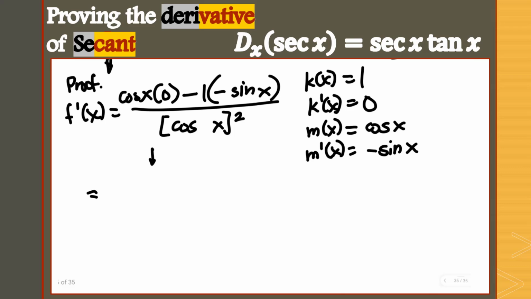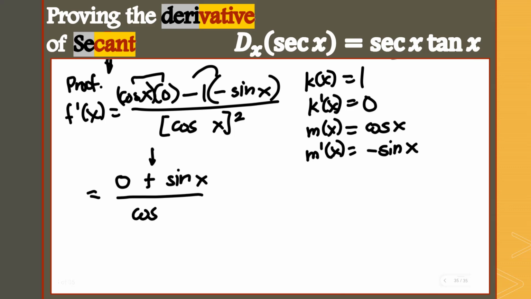Simply continue this. This would be equal to cosine x times 0. Take note, it's the entire function. That's 0. Negative times negative plus sine x over cosine x. Let me not place the square here because I would like to introduce a method that will allow me to return to the intended goal.